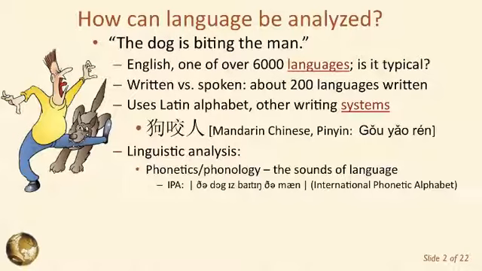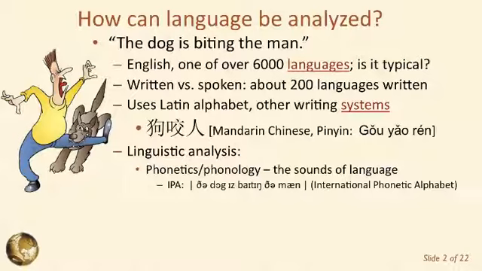And one of the things that linguistics does is analyze sounds, the sounds of languages. So phonetics is the study of those sounds, how those sounds are made. In other words, how you shape your mouth, how the vocal cords make those sounds. And phonology is the use of those sounds in terms of a specific language.